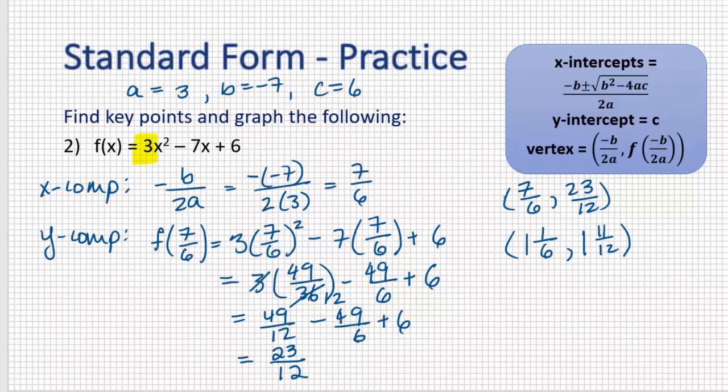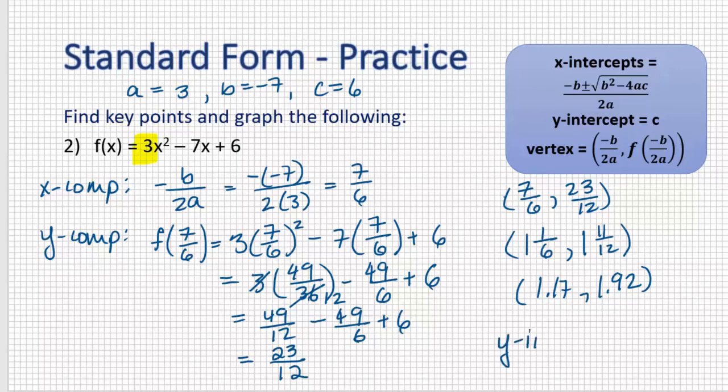Again, it's probably not as easy as decimals. We could go another step and rewrite this as 1.17, 7 over 6 is equal to 1.17, and 23 over 12 is equal to 1.92. So a little greater than 1 and a little less than 2.